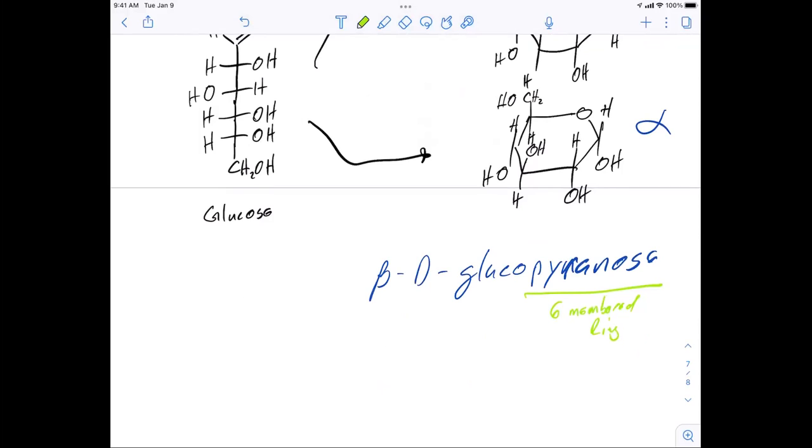So you can have a furanose, which would be a 5-membered ring, or you can have a pyranose, which would be a 6-membered ring. So glucose can make a 5-membered furanose. So you could have beta-D-glucopyranose, right? Or you can have the furanose. This is the pyranose. So pyranose is 6-membered rings, furanose is 5-membered rings.